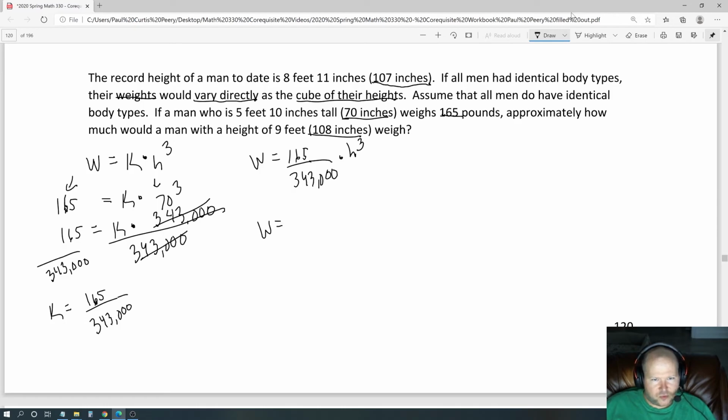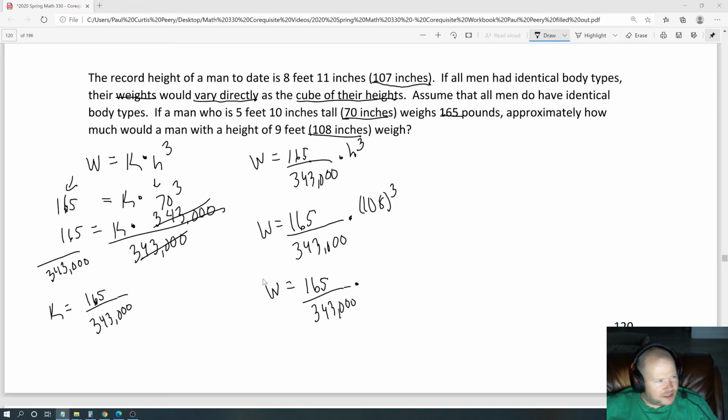So we say W is equal to 165 over 343,000, and we multiply that by 108 cubed, which gives me W is equal to 165 over 343,000 times 108 cubed, which is 1,259,712. And when you multiply that through and then divide, you end up with 605.9839. This just keeps on going.